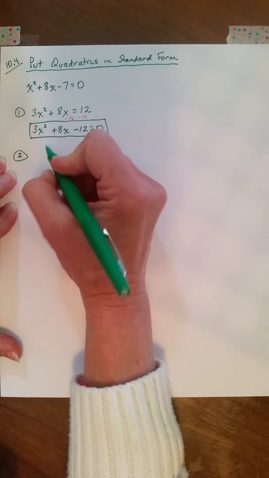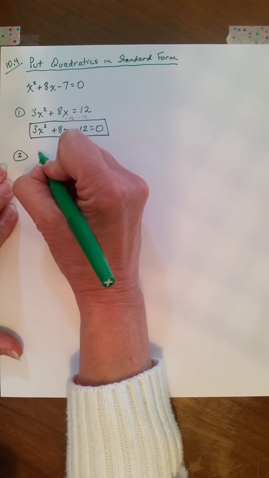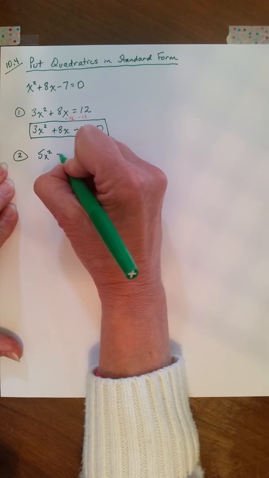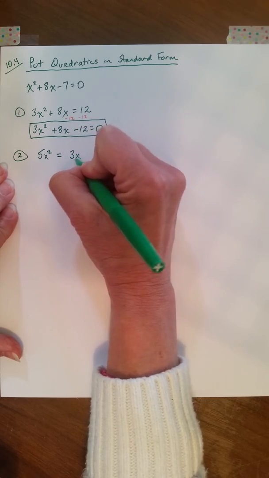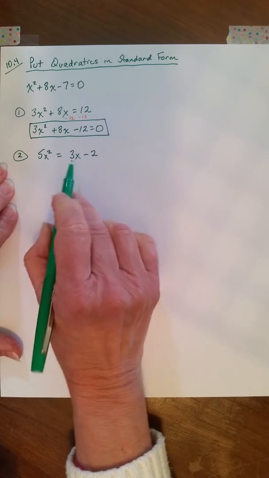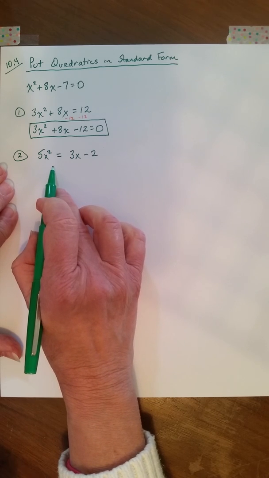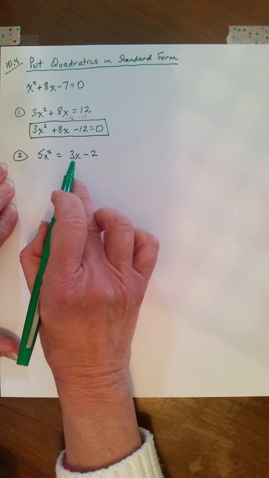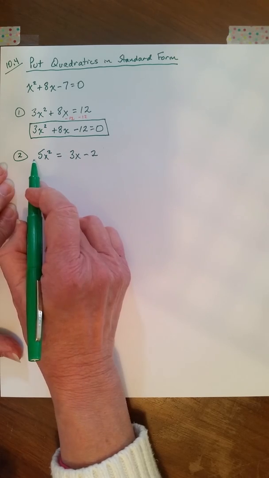Number 2. What if I have 5x squared equals 3x minus 2? Clearly that's not in standard form. Since the leading coefficient over here is positive, I'm going to move these two terms this way.